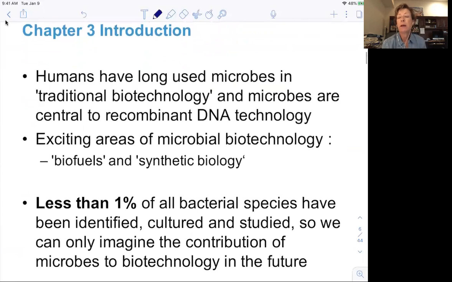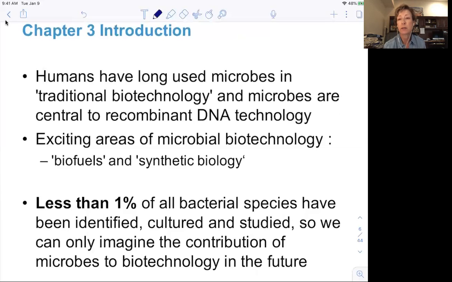Their connection to biotechnology is that in traditional biotechnology, microbes were, the old-fashioned way, used to make food, but we use them today in recombinant DNA because their genetics are very well characterized. We know a lot about them, and we can manipulate their chromosomes. So it's something we can actually do in our lab pretty easily.